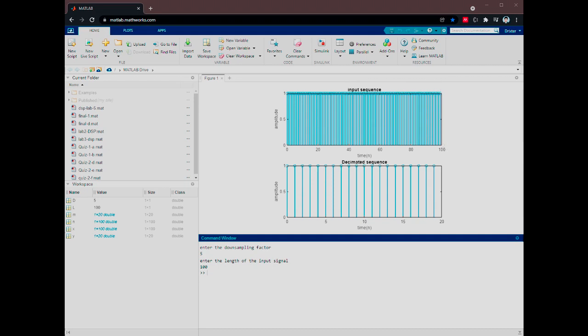Also, in this task, it can help us work with any input sequence that needs decimation, and help us learn more about decimation using MATLAB and how greatly it affects the structure of the signal. So that's all. Thank you.